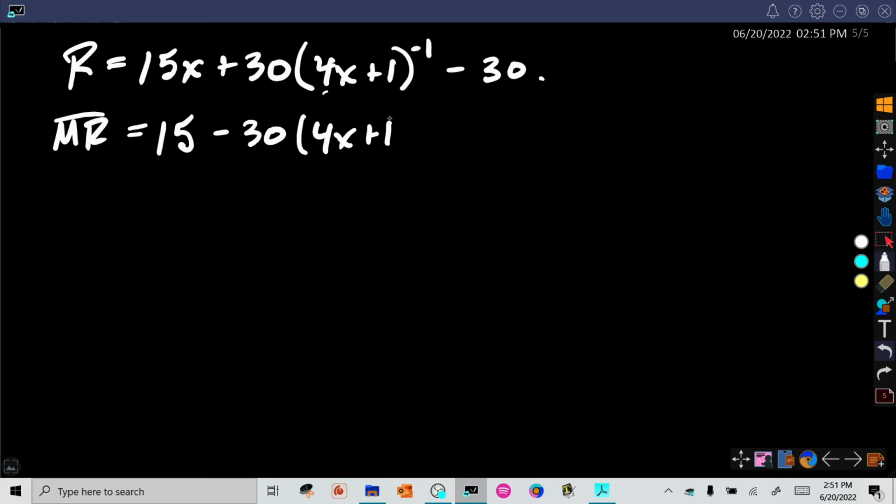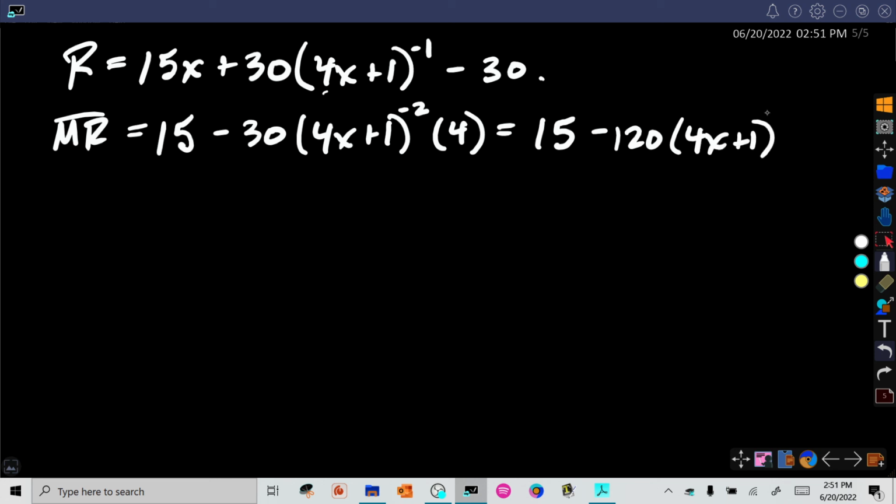Again, this is just the chain rule: to the minus 2, we lower the exponent, and then we take the derivative of the inside. The 4 is the derivative of 4x plus 1, and the minus 30 goes away, so we're all set. So I'll rewrite this as 15, 4 times 30 is minus 120, times 4x plus 1 to the minus 2.